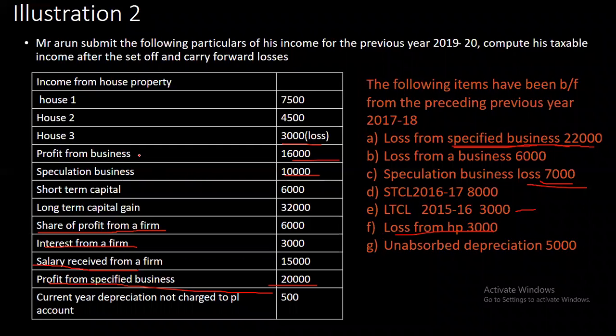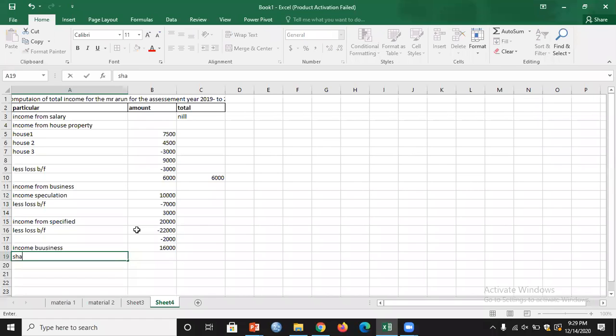We already took the income from business. Short term is a part of the capital heads. Then there is a share of profit from a firm, around 6,000 rupees. Share of profit from a firm is exempted.